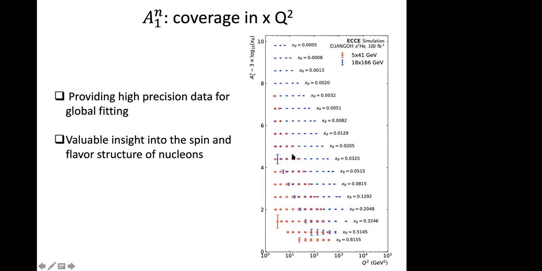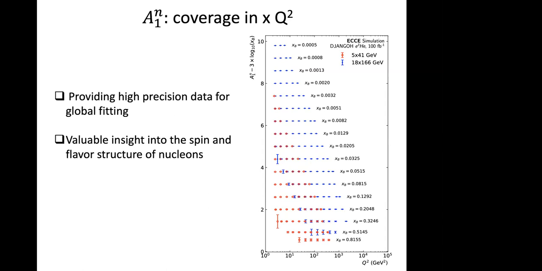With this larger kinematic region, we can reach an even lower X range, and we also have really good coverage in Q square too. So this type of data using double spectator measurement will provide very high precision data for global fitting, and that will be very valuable insight into the spin and flavor structure of the nucleon.